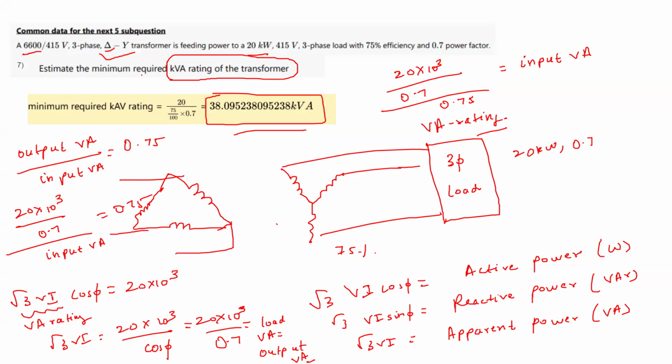That much only is the actual kVA of the transformer. Its efficiency is poor, so the output is low, but when we talk about the minimum required kVA rating, we mean the kVA which it needs to take to supply this three-phase load.